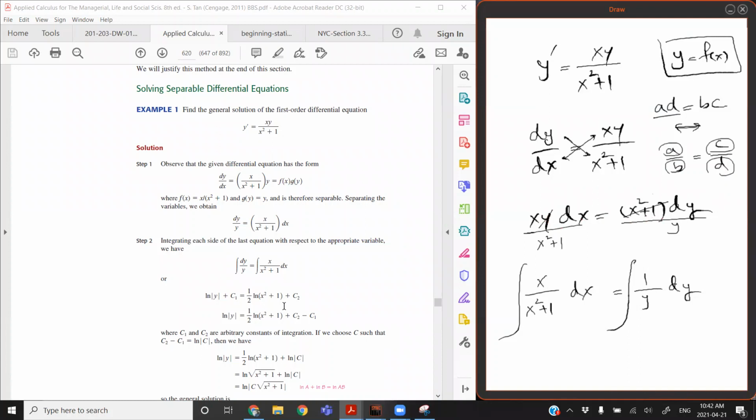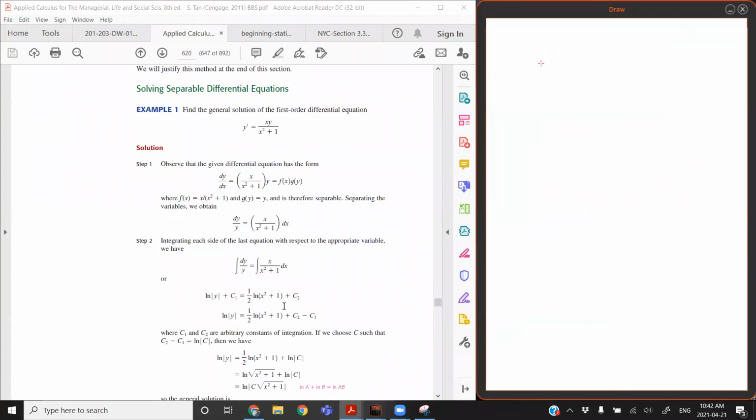It's the same story. I'm going to redo that. So I began with y prime is equal to xy over x squared plus 1. I wrote y prime using Leibniz notation as dy over dx is xy over x squared plus 1. Then I cross multiplied.